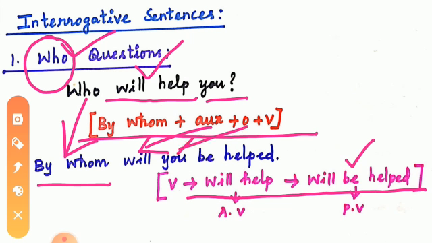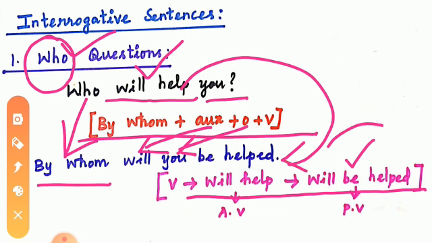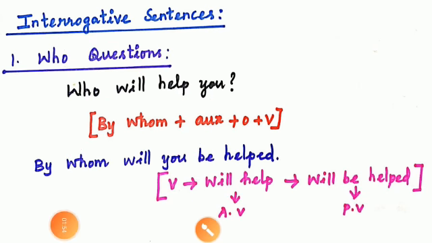Here the object is you, and the main verb help is changed as V3, helped. In front of that V3 I used this be form verb. So here, who will help you changes as by whom will you be helped. Is it clear, students?